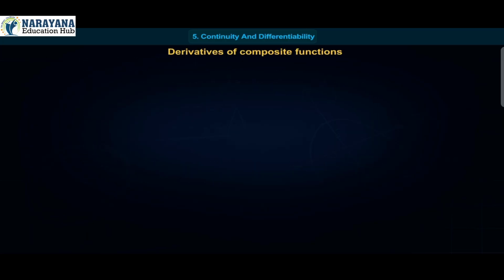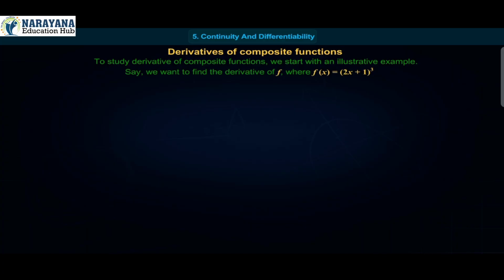Derivatives of composite functions. To study the derivative of composite functions, we start with an illustrative example. Say, we want to find the derivative of f, where f(x) = (2x + 1)³.